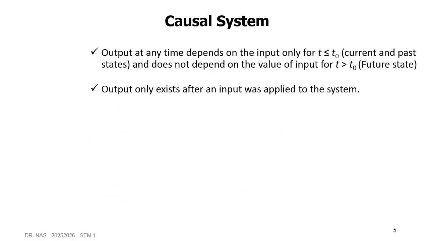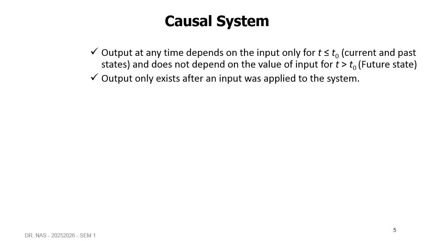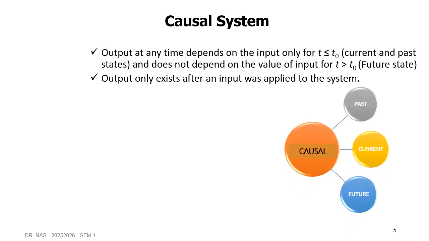Okay, let's start with the first system classification, which is the causal or non-causal system. A system is said to be causal when the output of the system at any time depends only on the input when t is less than or equal to t0. t0 means the current state. And it does not depend on the input for t larger than the current state t0.